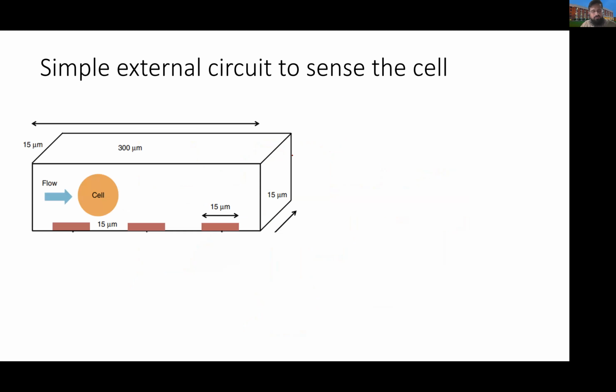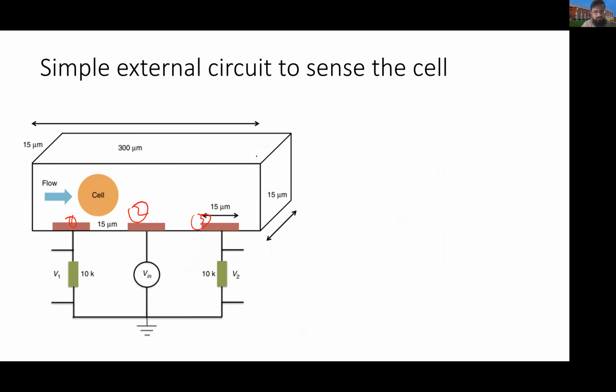All right. Now, how do we actually sense the cell? The cell is passing through, and these are the electrodes, 1, 2, 3, and the cell is flowing from left to right. An easy way to sense the cell is to apply an input voltage.